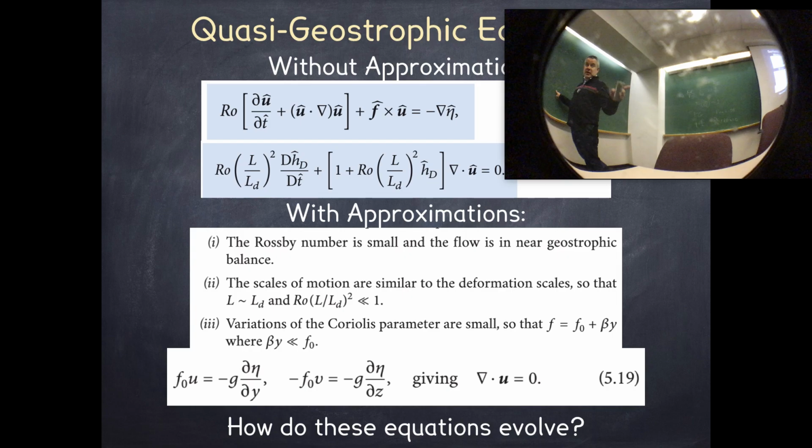What about this term? How big is it? As big as the gradient, the gradient of eta. It's the same size as this term. These are both big. But because we already wrote down somewhere, I didn't write down, this is the geostrophic balance. This is this, right?